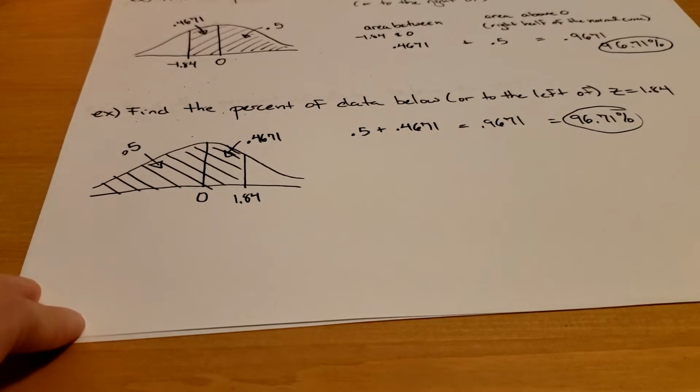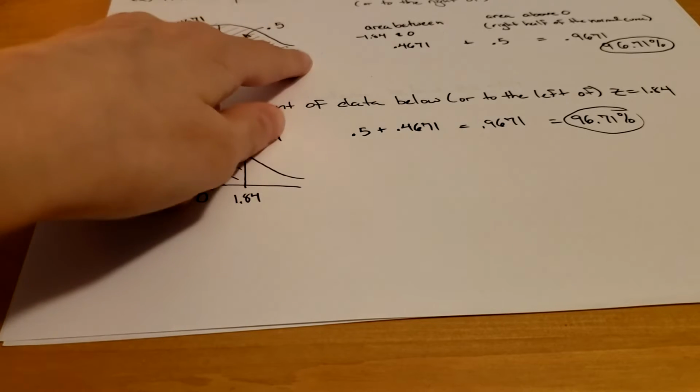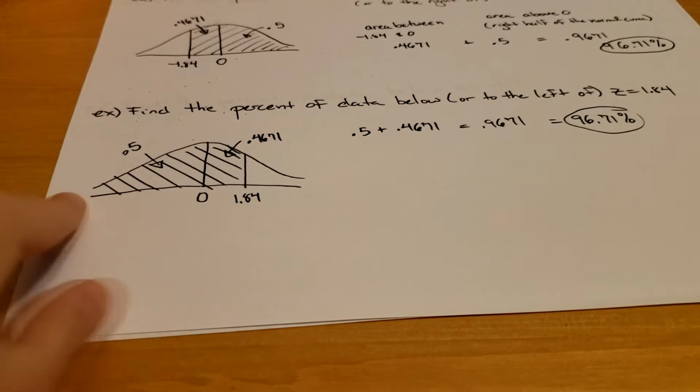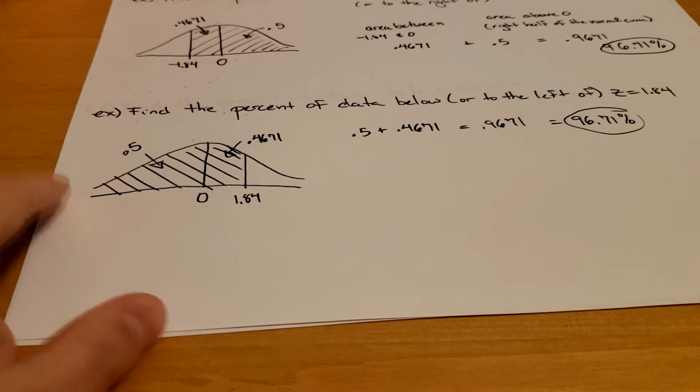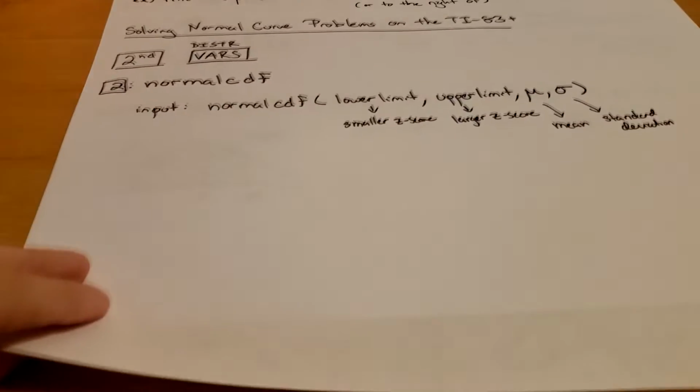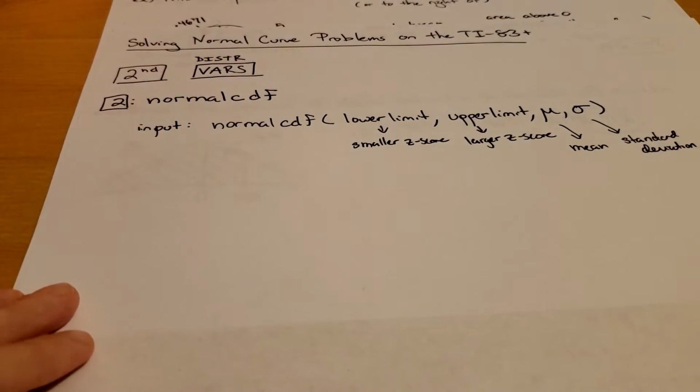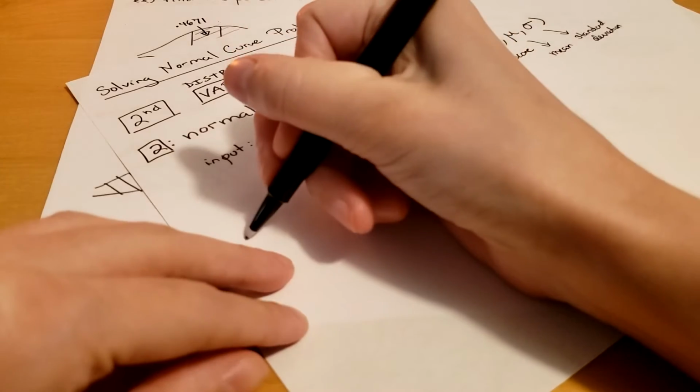Now, if we want to solve this on the calculator, going off towards infinity like this, or towards negative infinity like this, gives us a little bit of an issue as to what we're going to put in for our upper or lower limit. We'll go back here to our notes on how to solve these problems using your calculator.